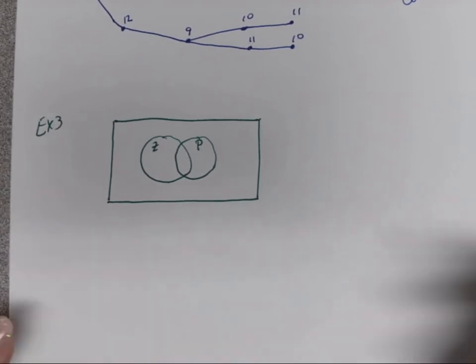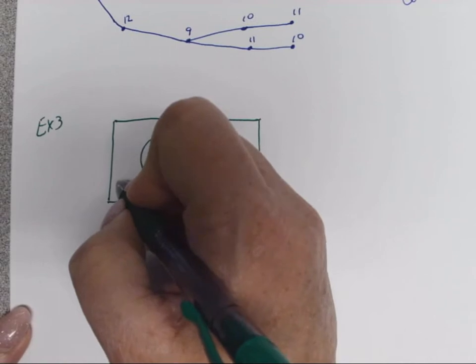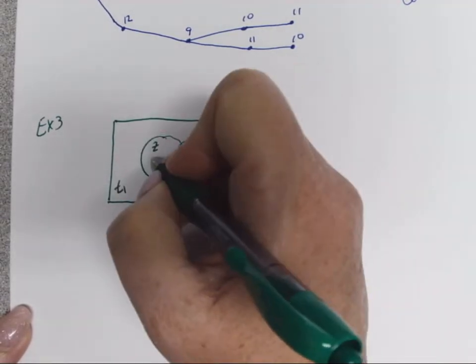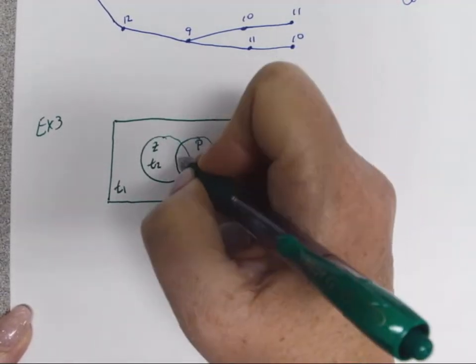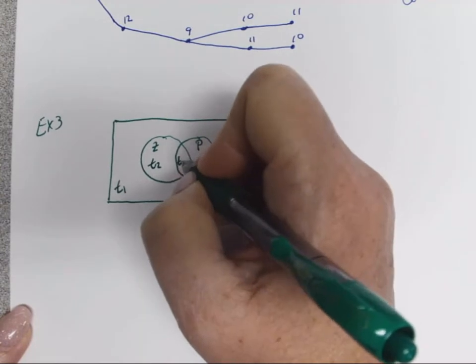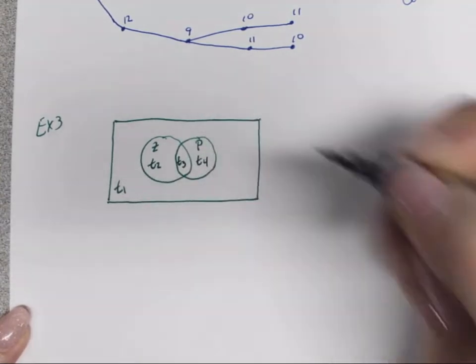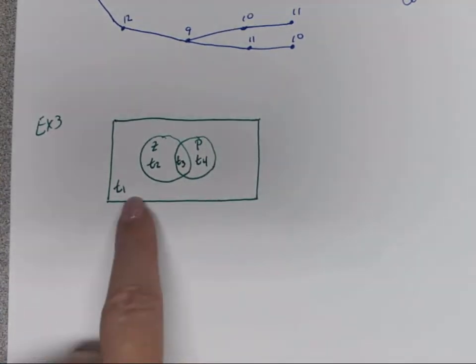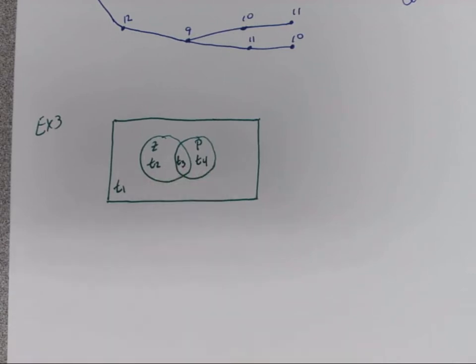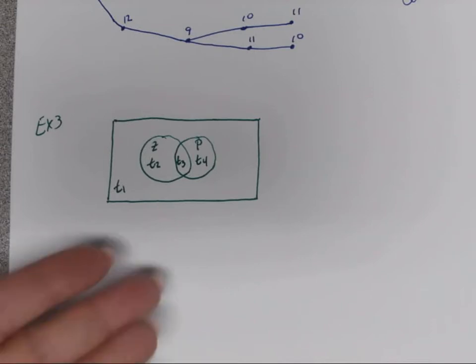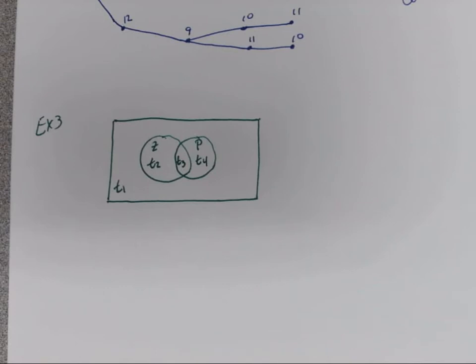So I'm just going to use the letter T. We would have some that are out here, some that are in there, some are here, and some are there. So in a Venn diagram, if we have these 4 categories, and we're looking at those 4 categories, what could we say represent the different categories?